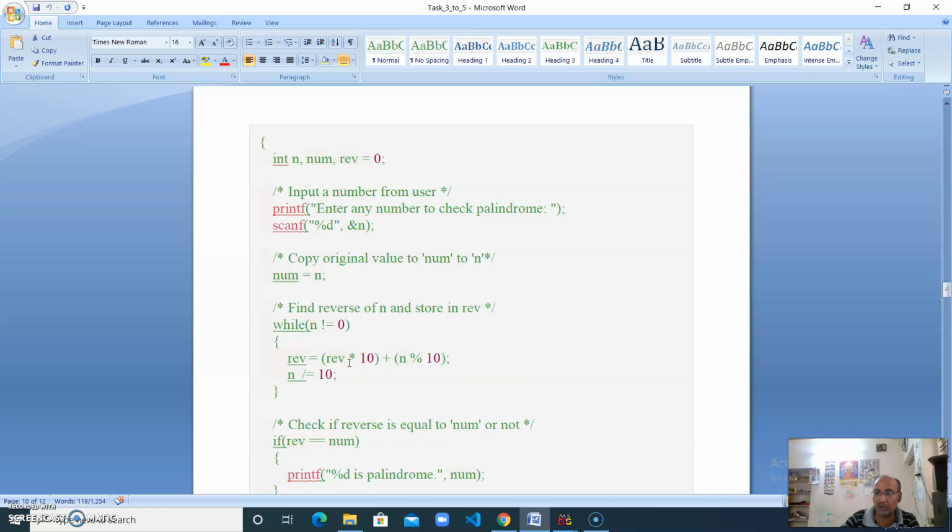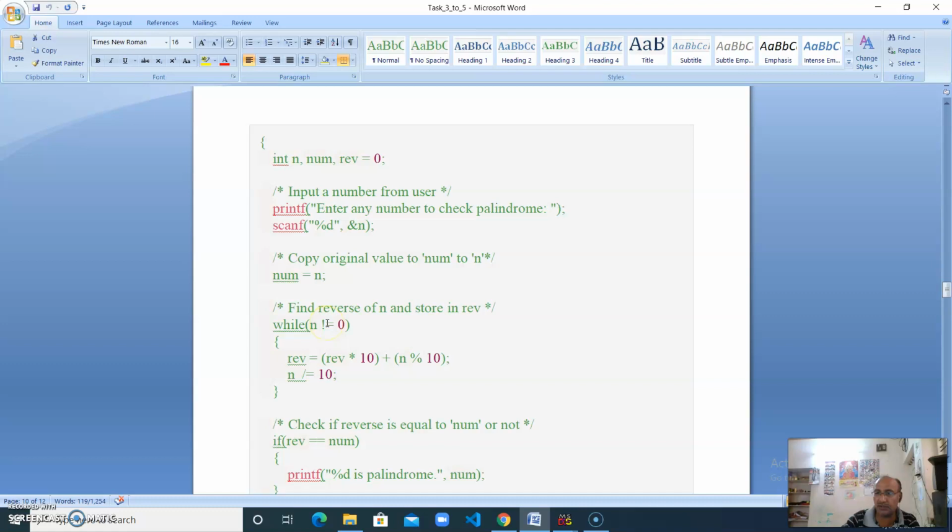Suppose, for example, rev equals rev into 10 plus n modulus of 10, with rev equal to 0 initially. 0 into 10 is 0, plus n modulus of 10. Suppose the user gave n equals 121. 121 modulus of 10 gives the remainder 1 only. That means rev contains 1 only. n equals n division of 10, which gives 12, so n contains 12.